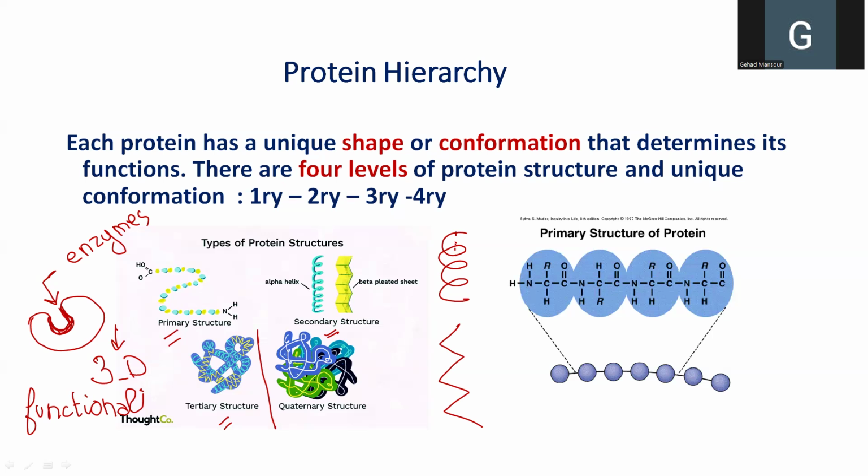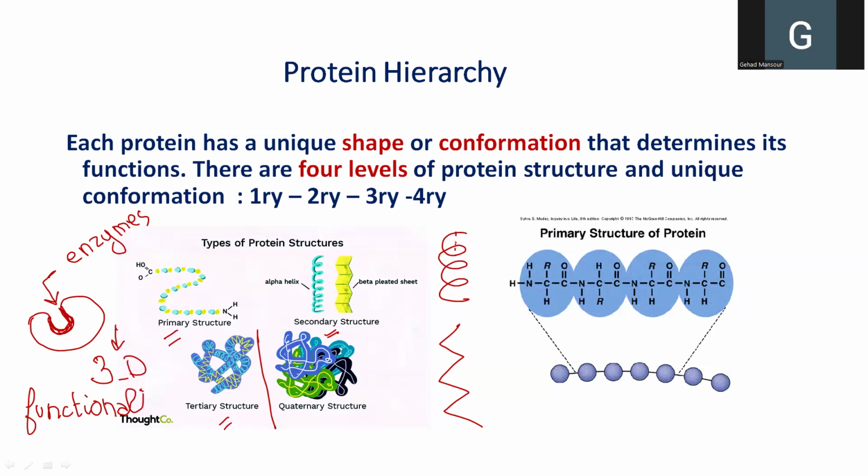So when you move from the primary structure to the secondary structure, this means that folding has occurred through formation of new bonds that fix the atoms in place to keep the molecule folded. And we will see this in further details on the next slide. Similarly, when you move from the secondary structure to the tertiary structure, this means that you have made new bonds that caused the secondary structure to be more and more folded.